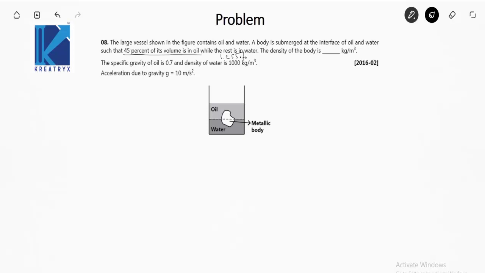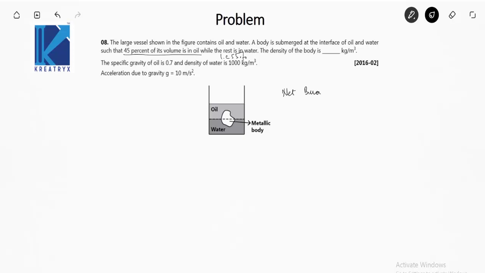So can I say that the net buoyancy force will be equal to the buoyant force by oil and the buoyant force by water? And also the net buoyancy force will be equal to the weight of the body. Let's write this first.